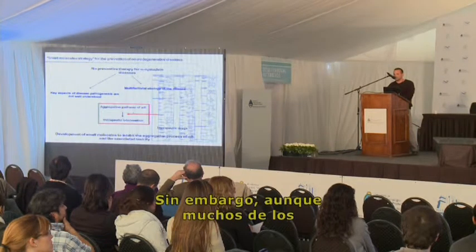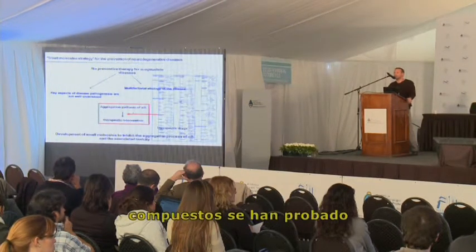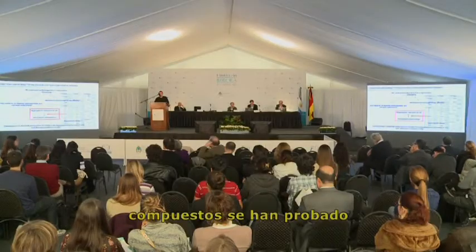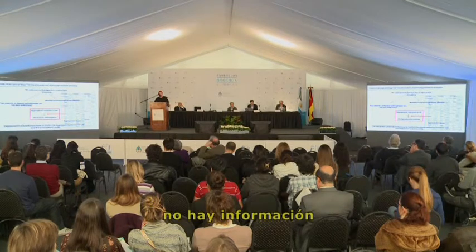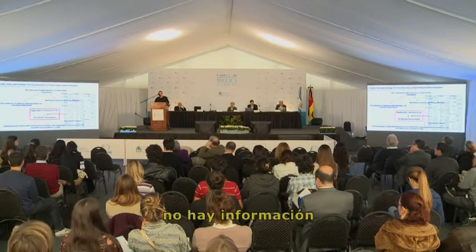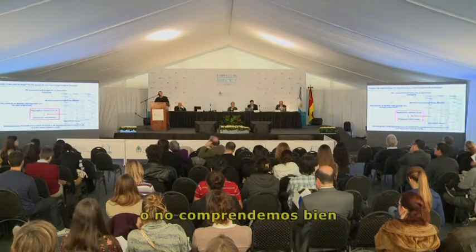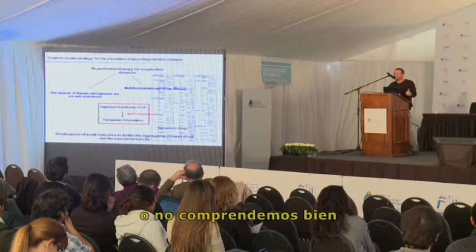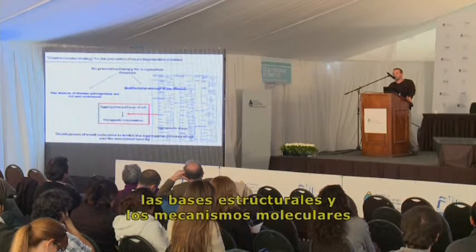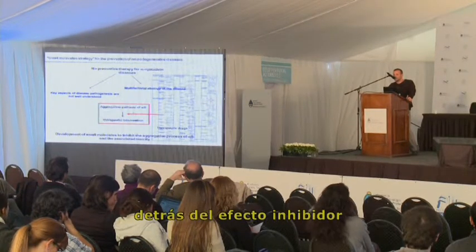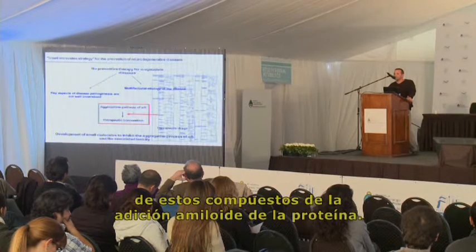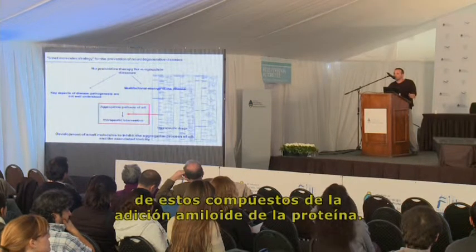However, even if a lot of compounds have been assayed, and even several of them are being used in clinical trials, there is little knowledge, or it is not well understood, about the structural basis and molecular mechanism behind the inhibitory effect of these compounds on the amyloid aggregation of the protein.